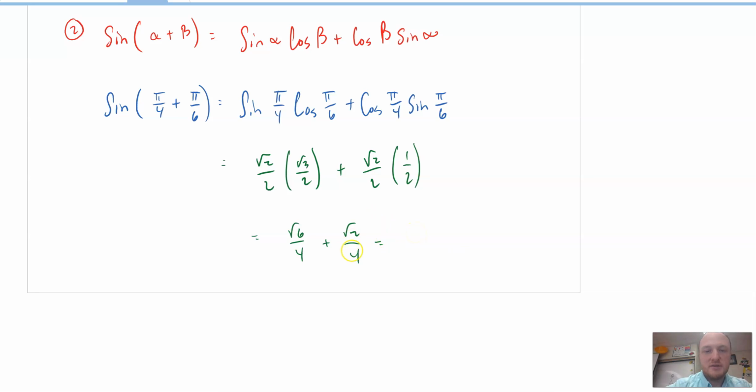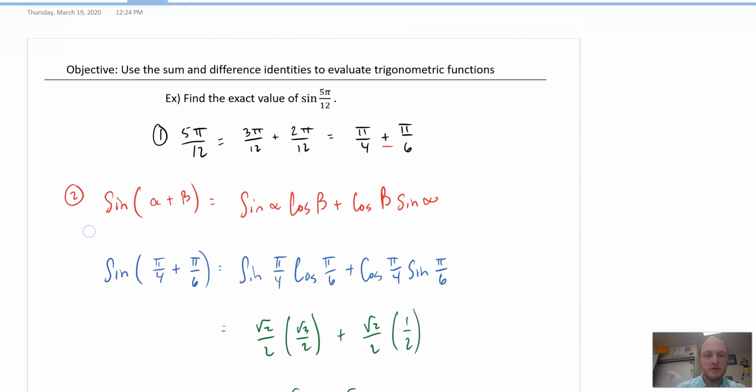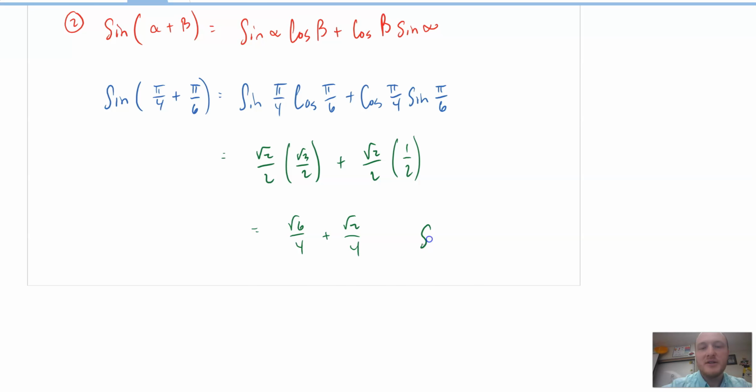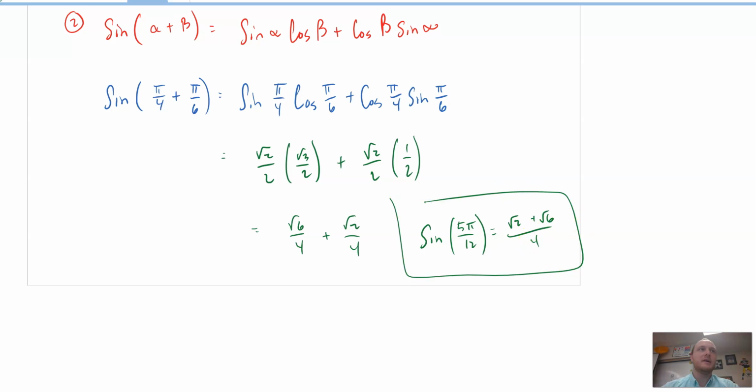So here is our answer. Okay, I keep wanting to write cosine. I'm expecting to do a cosine. This is a sine problem. So sine of 5 pi over 12 is equal to root 2 plus root 6 over 4. Okay, and there you have it.